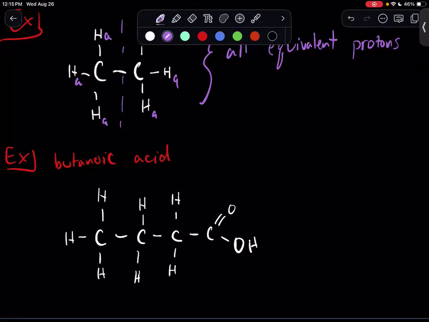So in this case, definitely we have the hydrogen that's part of the alcohol group having its own peak. Now, if we look at each individual carbon and hydrogen, these hydrogens are the same. They're on the same carbon and they feel the same force from both sides. So this will be its own. This will be its own. And this will be its own.